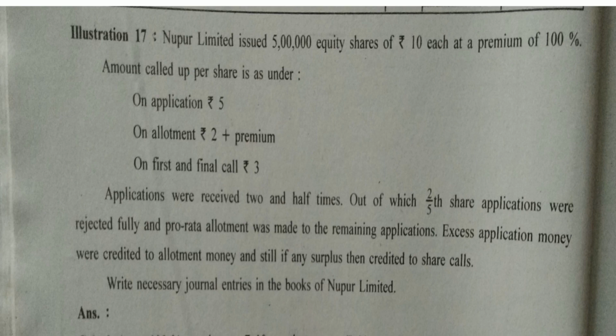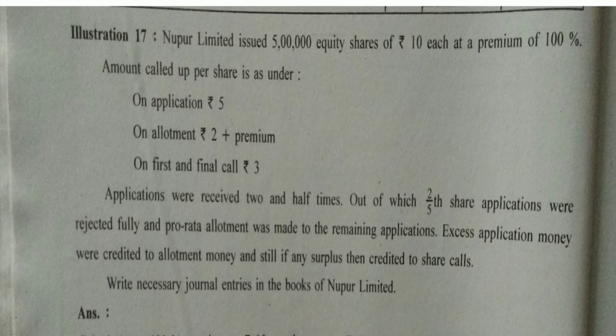Firstly, let us understand this question. Simply speaking, the applications have been received in excess, and that is called a case of oversubscription. We have understood this in the second or third lecture most probably of this chapter, what oversubscription is, and what we usually do in that case.